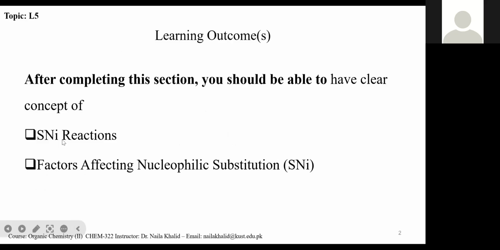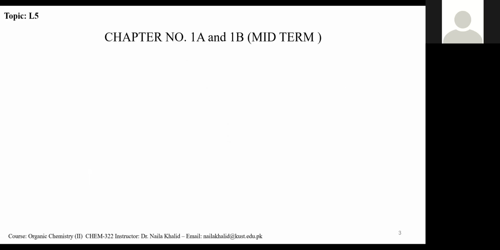You will be able to identify these types of reaction mechanism, and any factor which can affect this type of nucleophilic substitution will be discussed in this session. Definitely, we will discuss their reactions as well as their mechanism to give you a clear idea about SNi, and how they are different from SN1 and SN2.